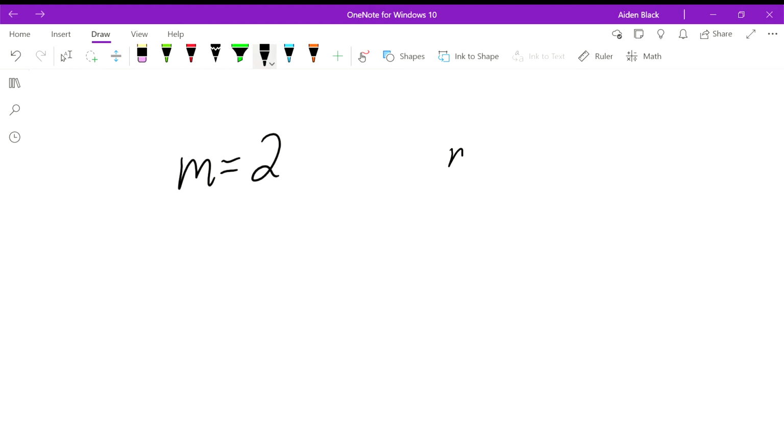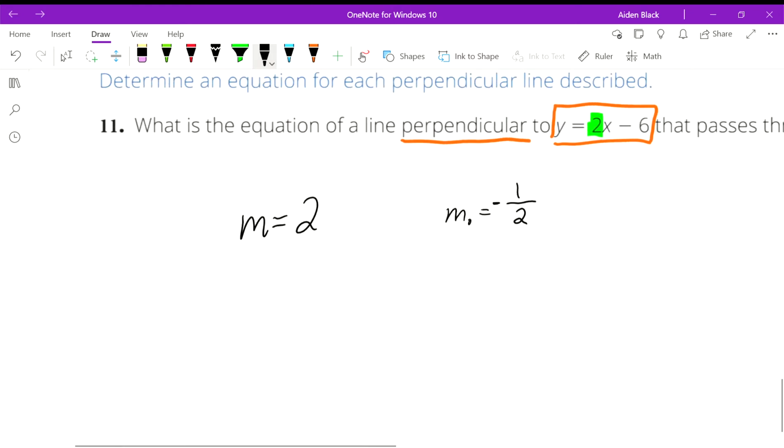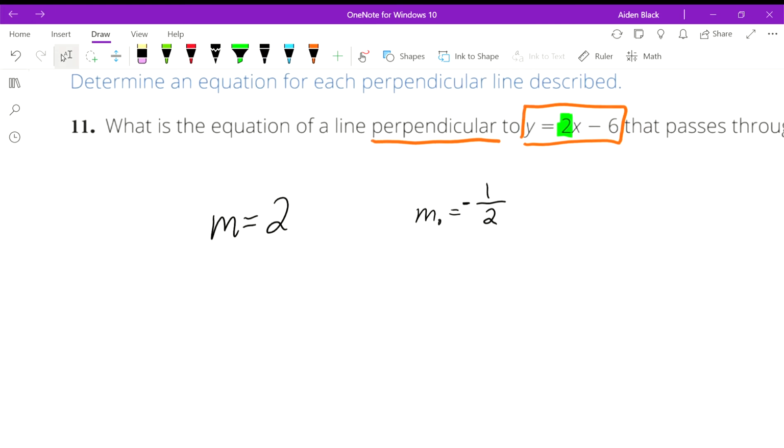So our new slope is going to be 1 over 2, because we flip it, take the reciprocal, and then change the sign. It's the opposite sign. So we'll be working with this slope right here.